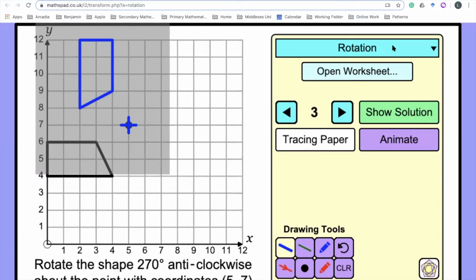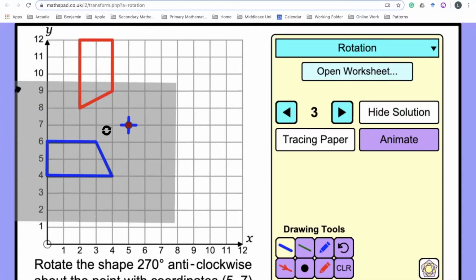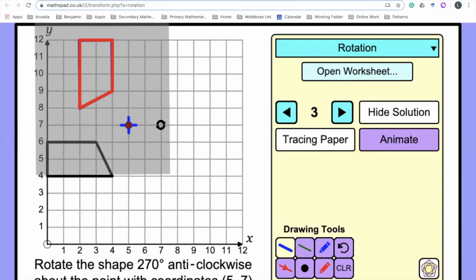Well done, Nithala. 90 degrees clockwise is the same as 270 degrees anti-clockwise. Okay, so that's your solution. Okay, Ayushi, you don't understand? So here you go. Here's the shape. I'm going to turn it 90 degrees clockwise. There you go.